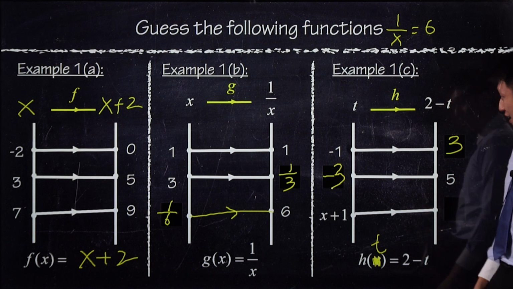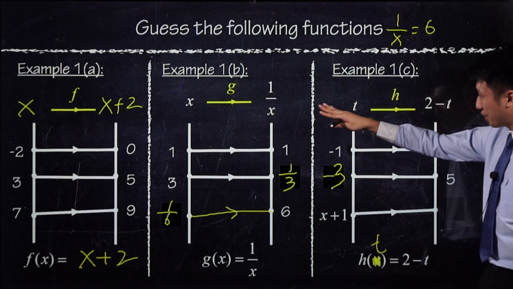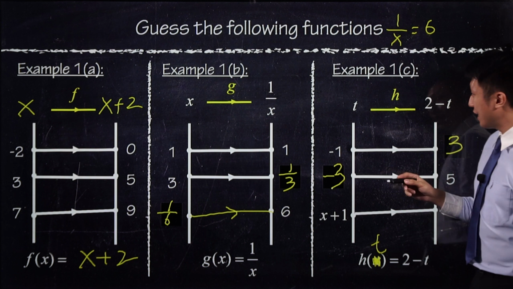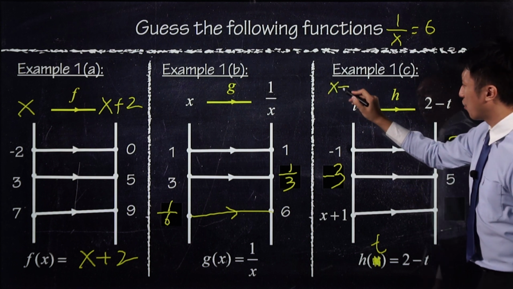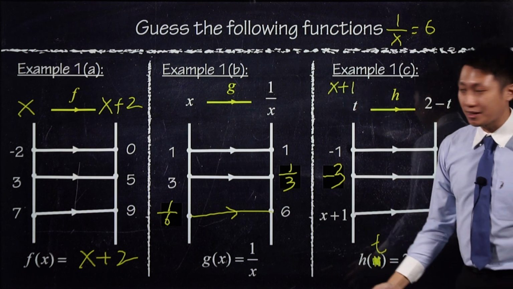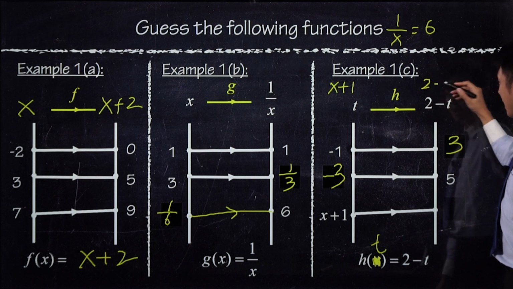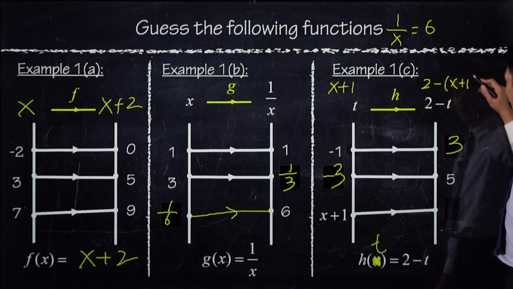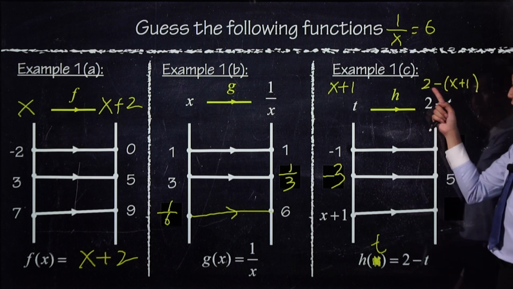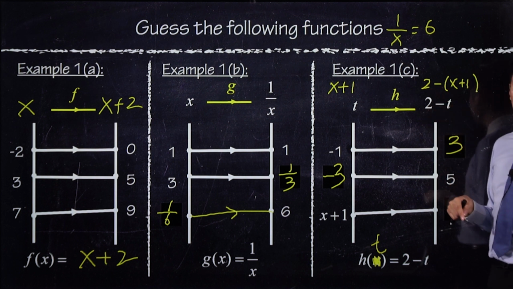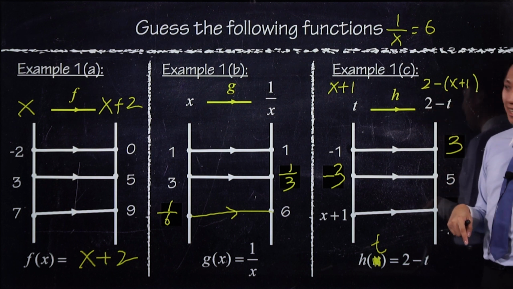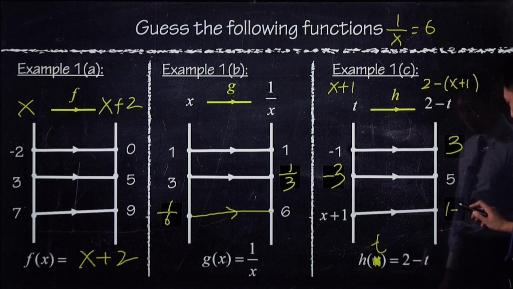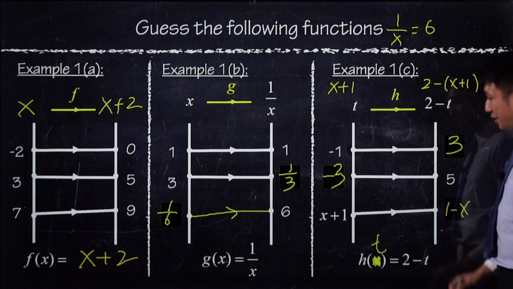Okay, no problem. Then x plus 1, I put it here. I should get what? Okay, let's say x plus 1. All the t I replace by x plus 1. Then here 2 minus bracket x plus 1. What should I get? 2 minus x minus 1, so 1 minus x. You try this and see whether you get it or not.